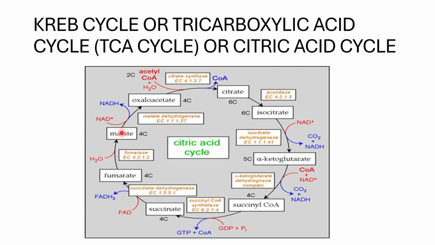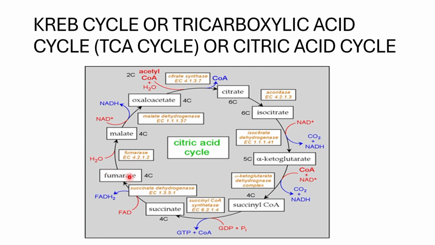So from succinyl-CoA to oxaloacetate, they are all 4 carbon compounds. So fumarate will undergo hydration. We add water to fumarate to form our malate. This process is also catalyzed by an enzyme called fumarase.